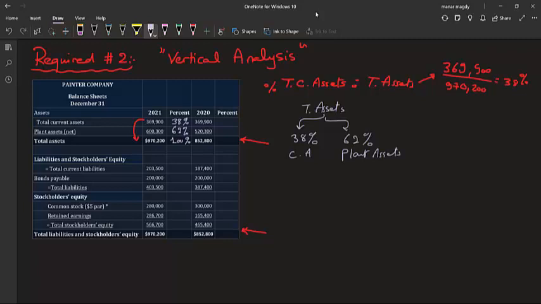If you would like to compare it to the previous year, you're going to do the same.